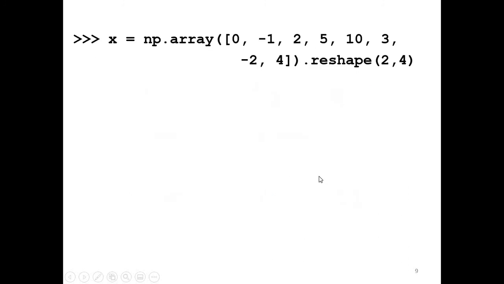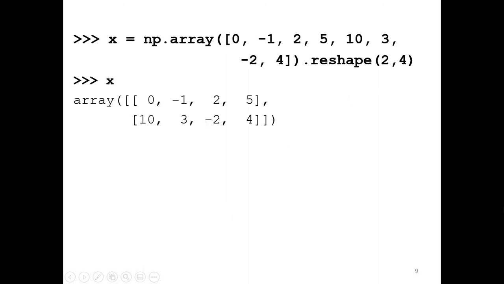Okay, so suppose you take these same numbers that you considered earlier, and now you reshape this into a 2x4 matrix, 2x4 array. So x is now this. Now in the same way, if you write np.ptp(x, 0), 0 means in this direction. So the peak to peak will be on this column, this column, this column, and this column.